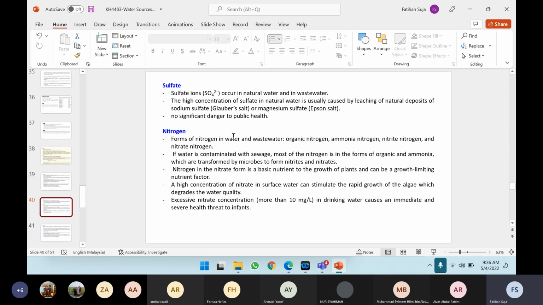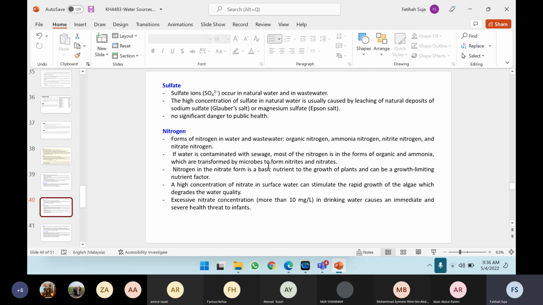Nitrogen also has several forms in water and wastewater. Usually in water and wastewater, you have organic nitrogen, ammonia nitrogen, nitrite nitrogen, and nitrate nitrogen. Total nitrogen is the summation of organic nitrogen plus inorganic nitrogen. What are inorganic nitrogen? They are ammonia nitrogen, nitrite nitrogen, and nitrate nitrogen.